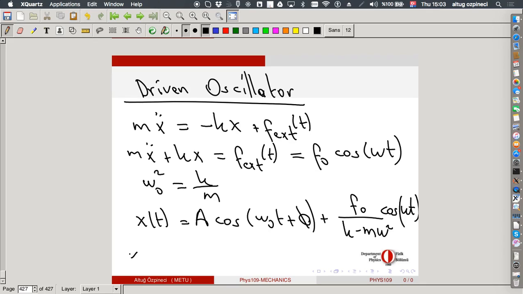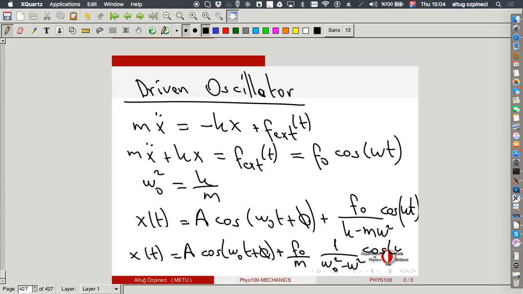Or we can also write this as x of t is equal to A cosine omega 0 t plus phi plus F0 over m, 1 over omega 0 squared minus omega squared, cosine omega t.